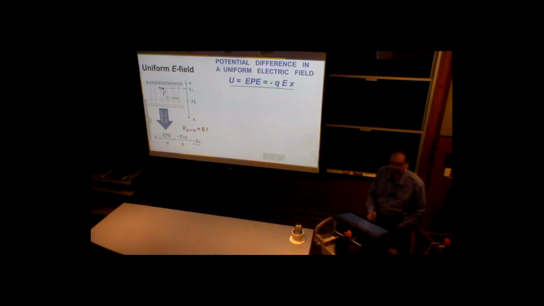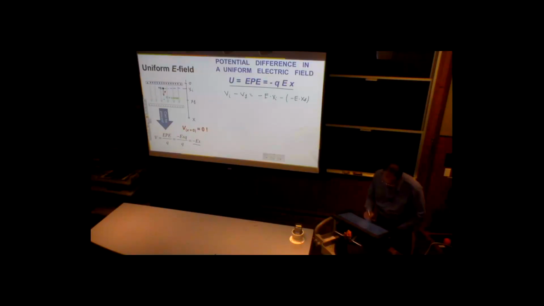Normally we set x equals 0 where potential is 0, or we set potential 0 at x equals 0. And in this situation, if we want to calculate this difference, V initial minus V final, that should be equal to V initial equals this times x initial minus, and V final equals this times x final.